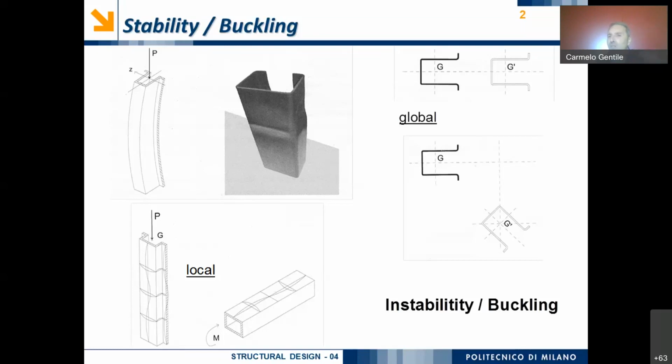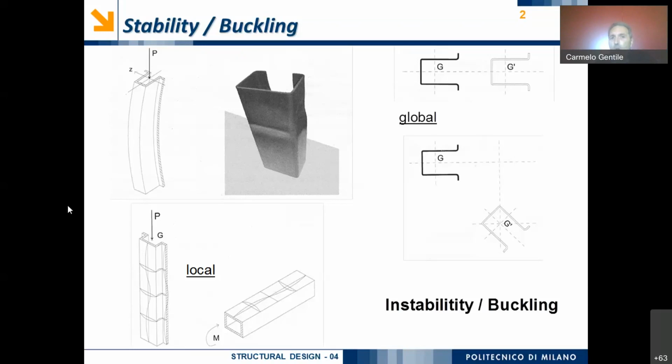But this is not the case when global buckling occurs, because we have global buckling in case a small push can generate a very large displacement, and the displacement is not recovered after the small push ends.